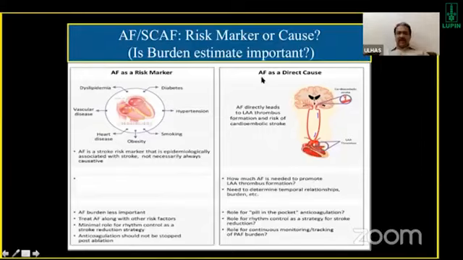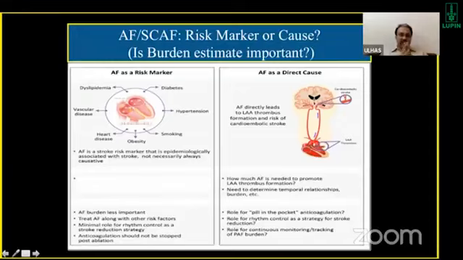AF causes the contractility of the atrium to be lost, and then there is an environment of clot formation, because there is stasis because of the lack of contractility. And hence, the people who believe AF per se can also cause thromboembolism leading to stroke insist that the burden of AF should be looked at more seriously, not necessarily AF as only a risk marker.